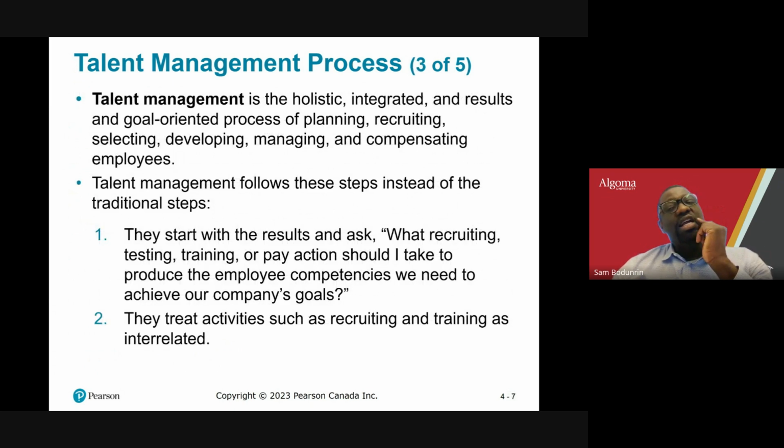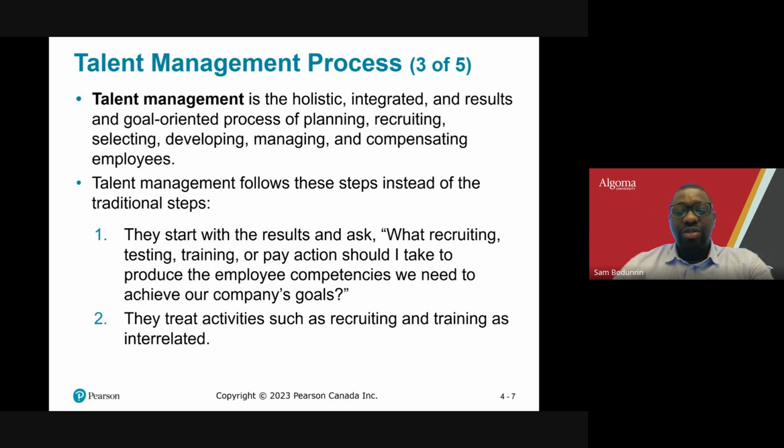Just like I said earlier, talent management is a holistic, integrated, and results and goal-oriented process of planning, recruiting, selecting, developing, managing, and compensating employees. Managers will need to ask themselves why. Why do we need to hire? What kind of testing procedure are we going to use? What kind of interview are we going to use to identify the right candidate?